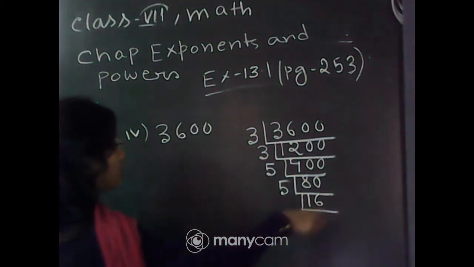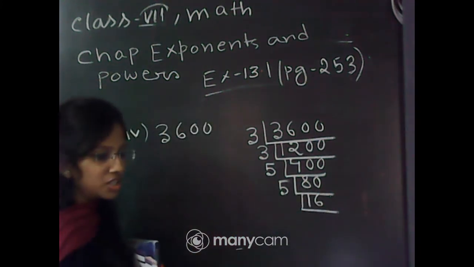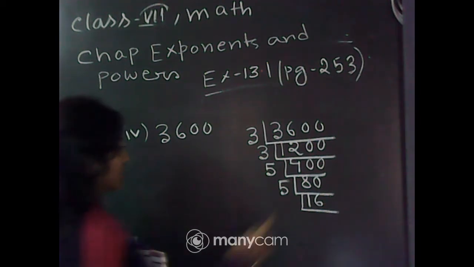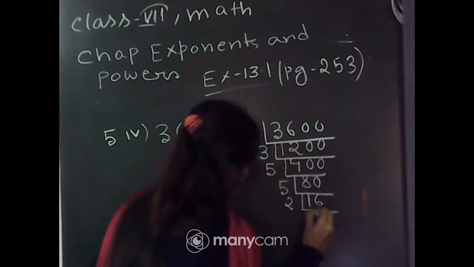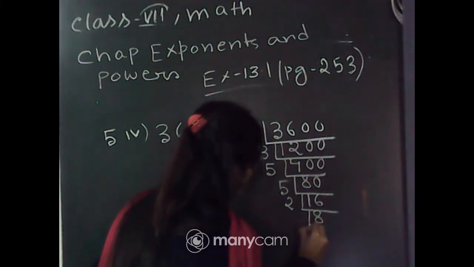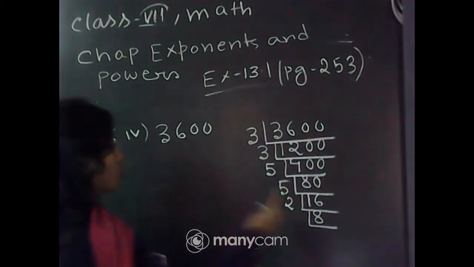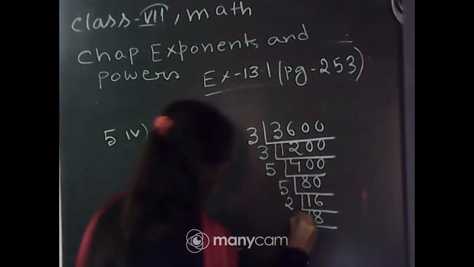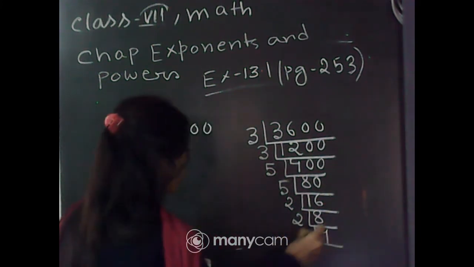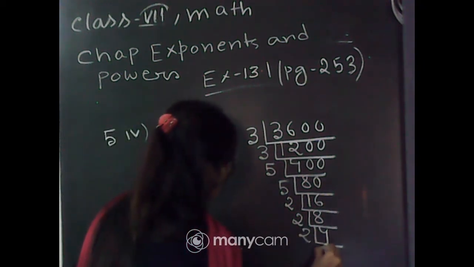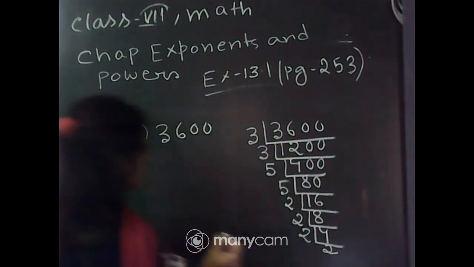Now the number 16 is not divisible by 5, so we divide 16 by 2 and we get 8. Then we divide 8 by 2 and we get 4. Again we divide 4 by 2 and we get 2.